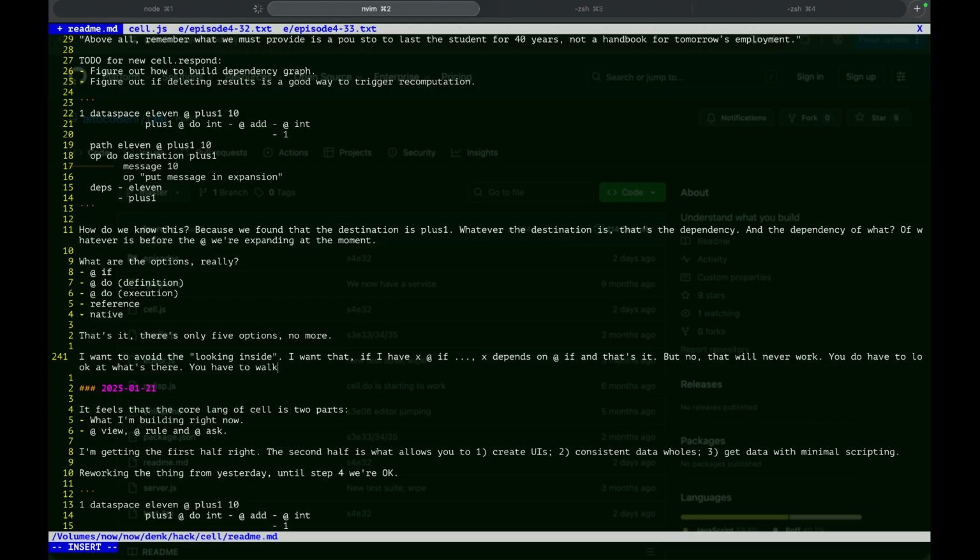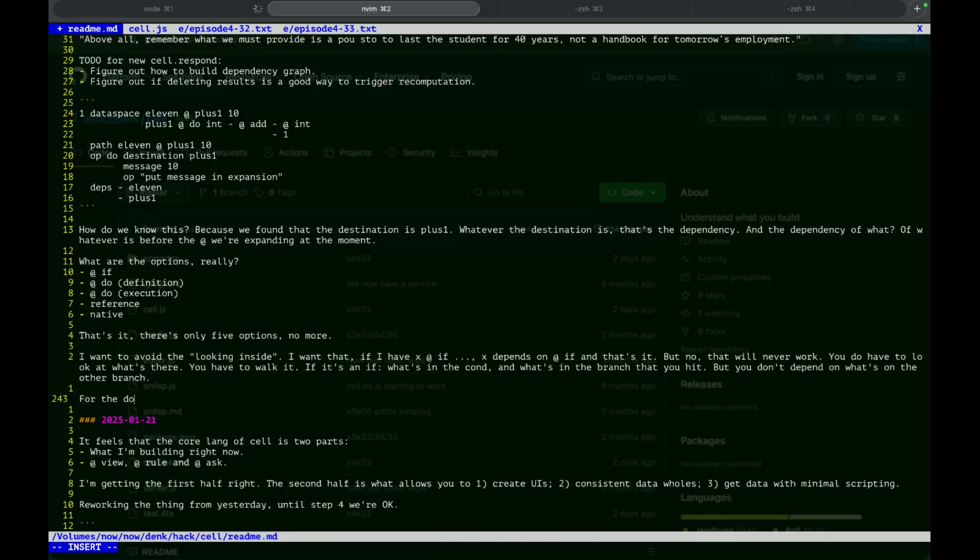You have to walk it. If it's an if, what's in the cond and what's in the branch that you hit. But you don't depend on what's on the other branch.